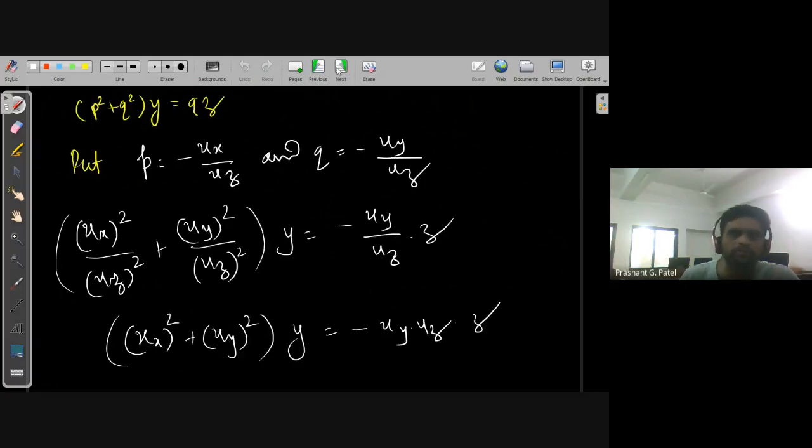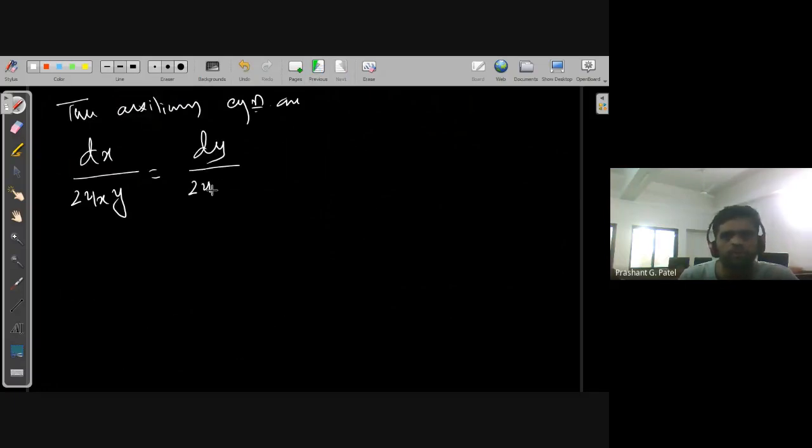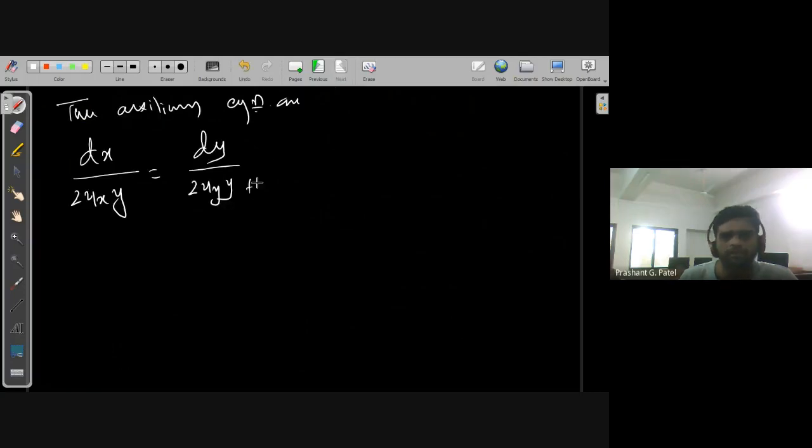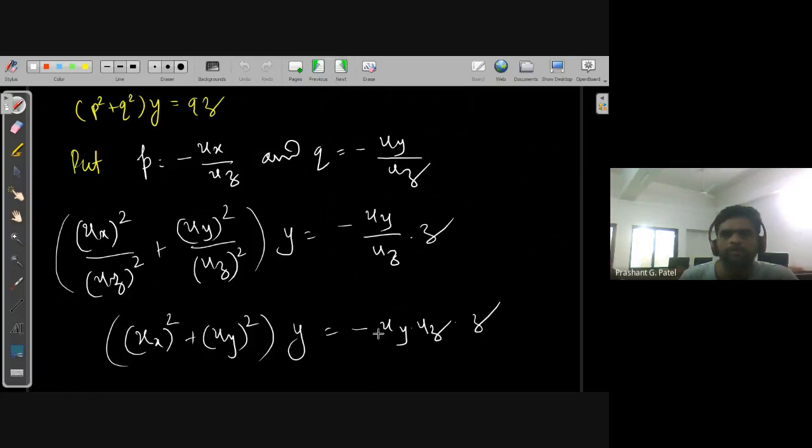So we'll have 2 uy into y, and this quantity goes on the other side, that is uz plus z, so plus uz into z, equal to duz upon, that is uy z.